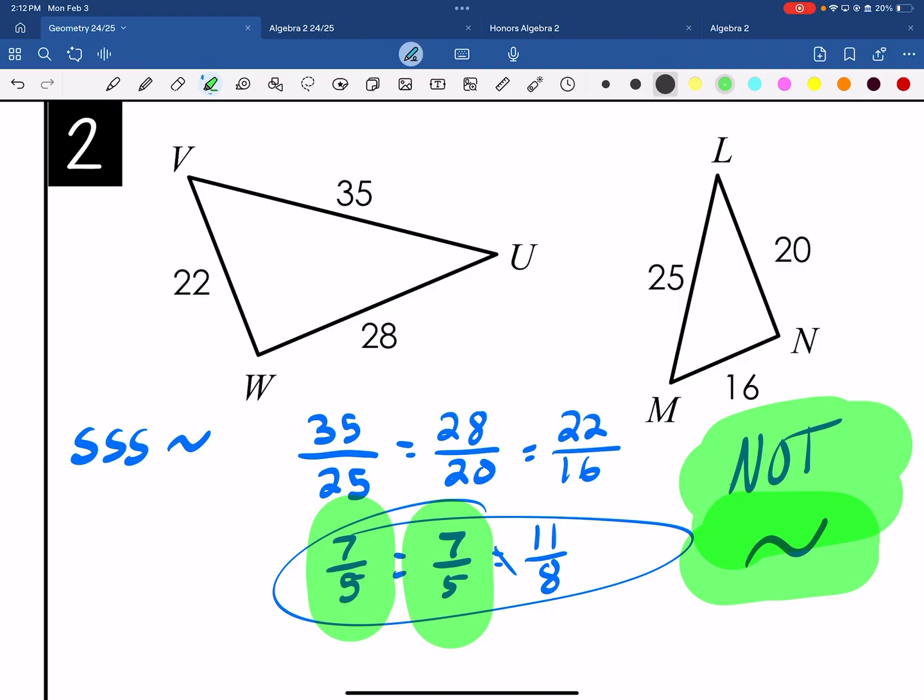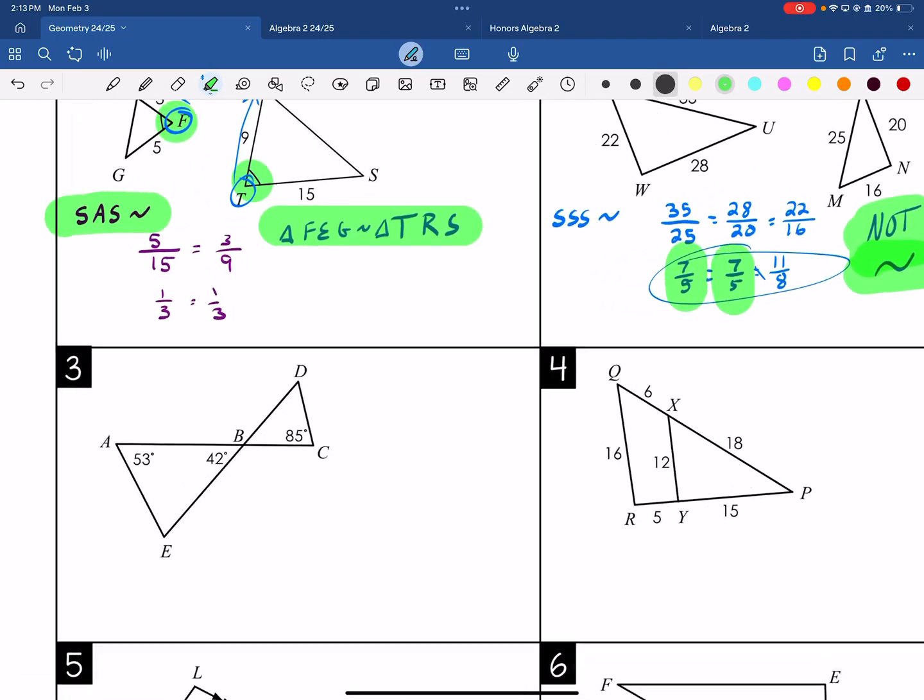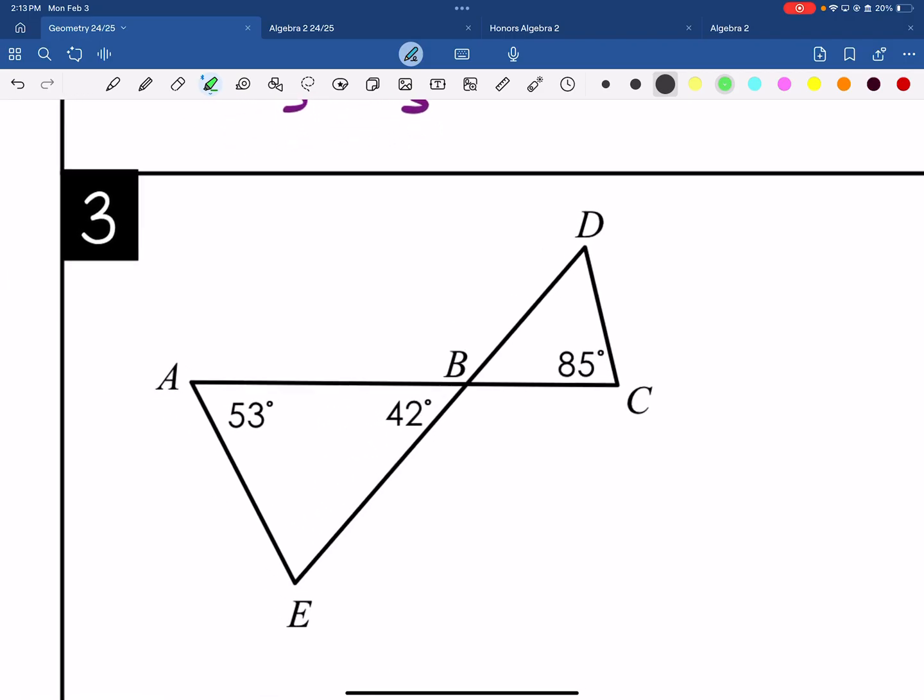Questions with the second one? Let's get number 3.